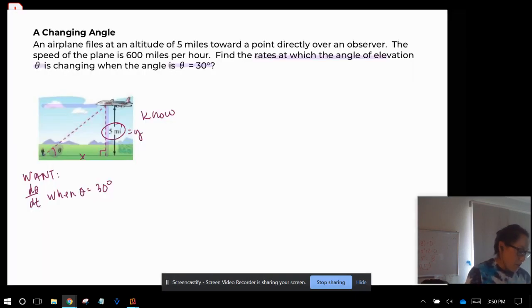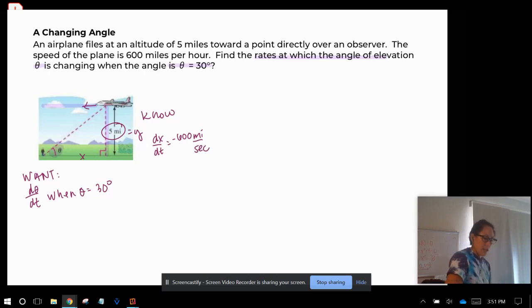We also know that the plane is moving at a rate of negative 600 miles per hour. And because it's moving horizontally, we're going to call that dx dt is equal to negative 600 miles per hour. All right, so we need to have a theta, an x.